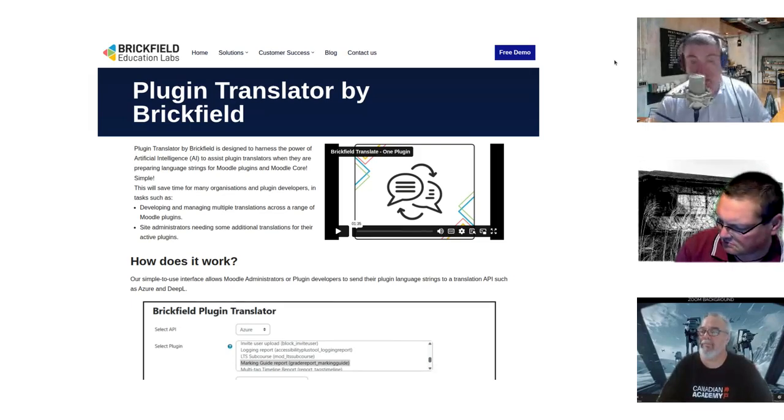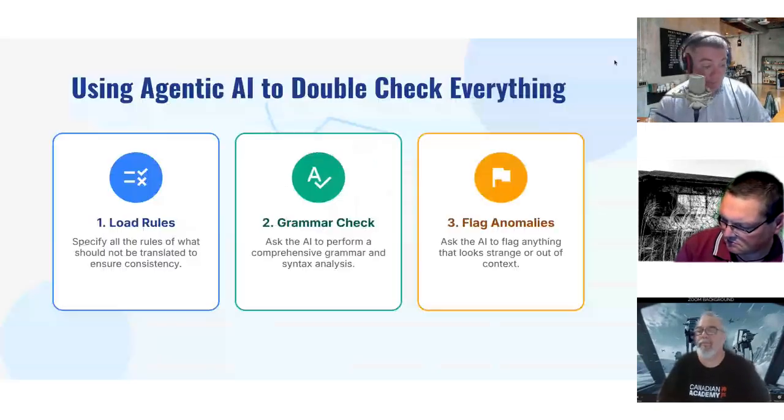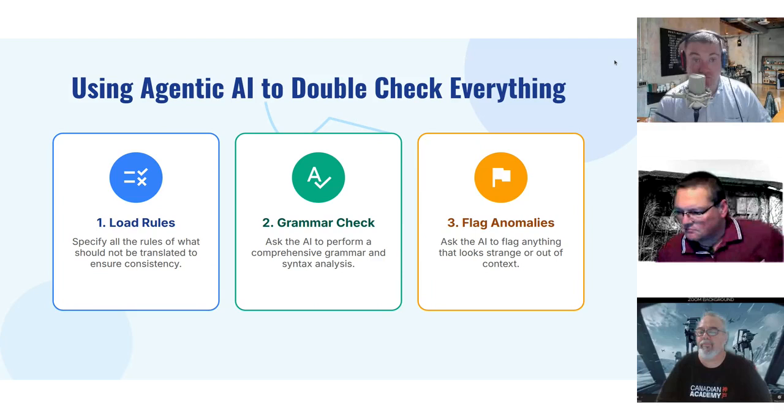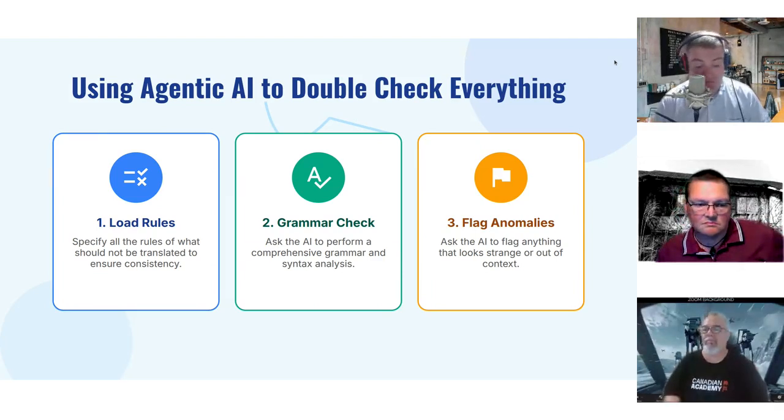A second way, which is a little bit more simple, you can use any agent, could be Claude Code, could be Anti Gravity, could be Codex. It's extremely easy then to load up the rules.